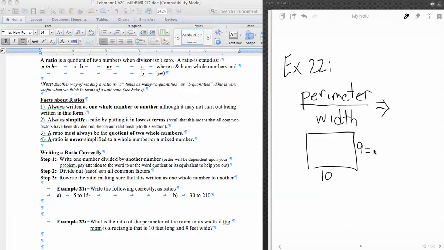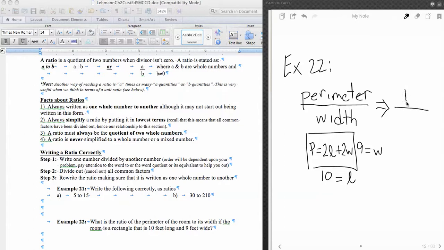So we know that the perimeter is going to be found by perimeter equals 2 times the length plus 2 times the width. And then from there we can finish off our problem.